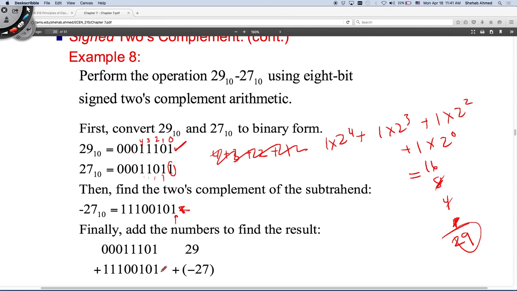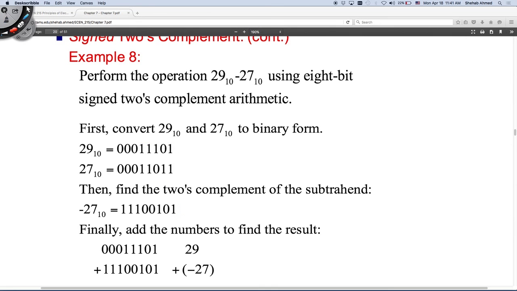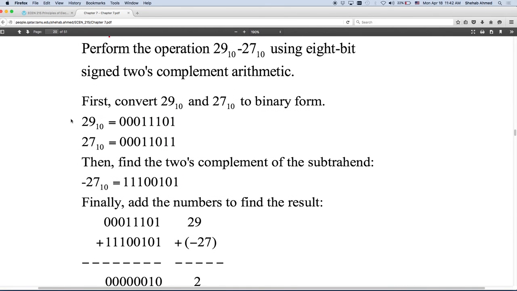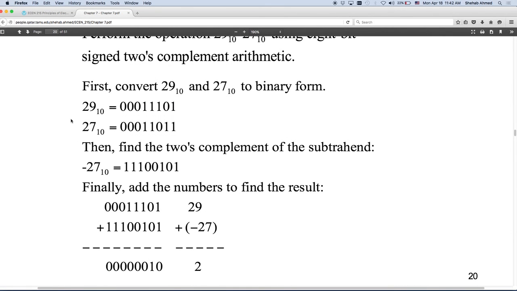Then I do the binary math that is governed by the rules we did before, and you ignore the final carryover. So 1 plus 1 is 0, carry over 1. 1 plus 0 is 1. 1 plus 1 again is 0, carry over 1. 1 plus 1 is 0, carry over 1.